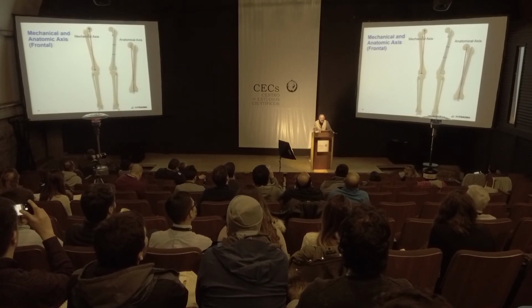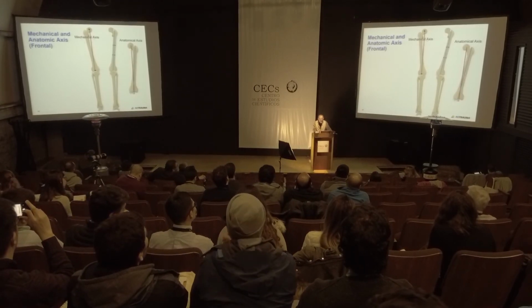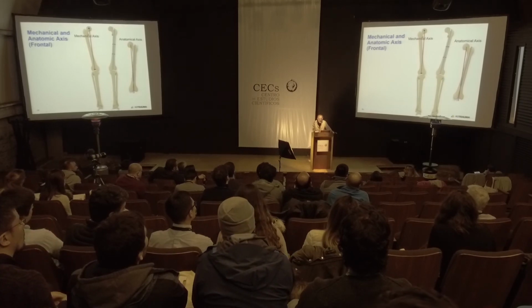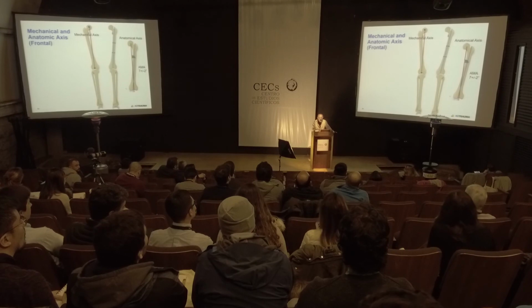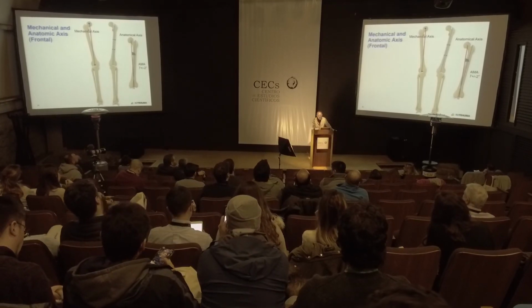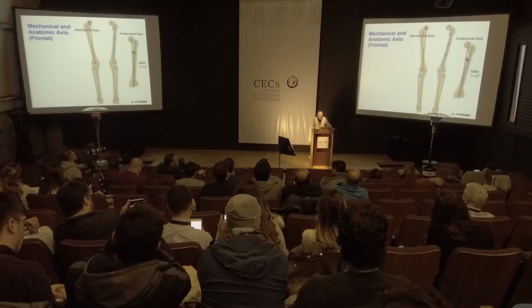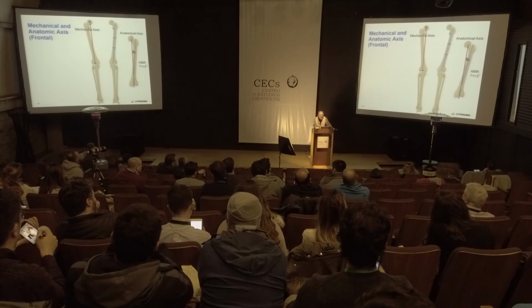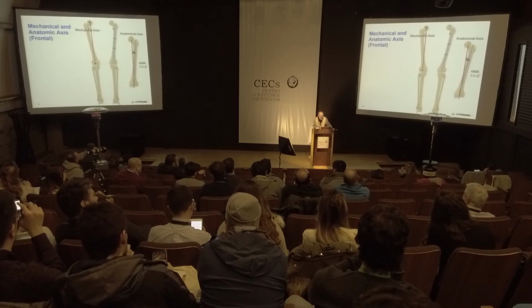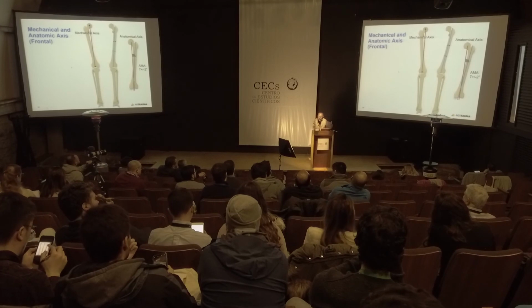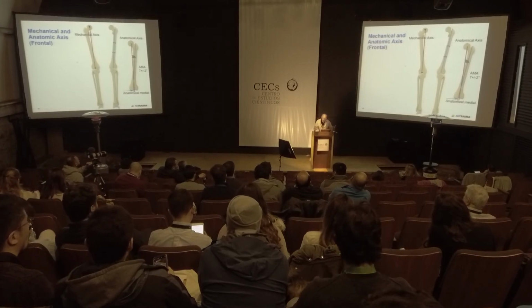So, when you compare now the mechanical axis and the anatomical axis, you see they are different. And there is a range. This angulation between anatomical and mechanical axis is more or less 7, or up to 9, or 5 degrees. So this is the range of these two angulations. This is very important to know when you go for planning, okay?